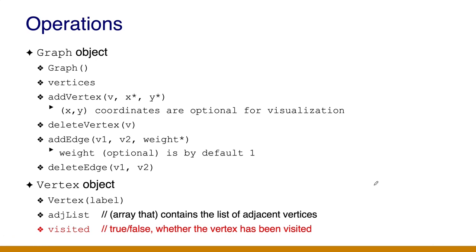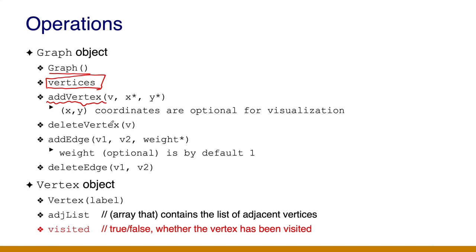The very first function is the function that allows you to create an empty graph. It contains nothing, so initially it contains no vertices at all. But as you add more and more vertices by using the next function, you can grow the content of this vertex list.